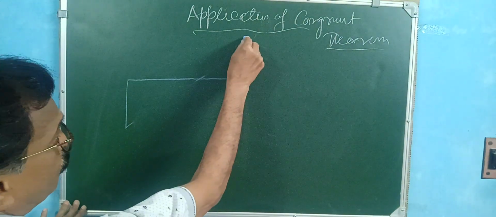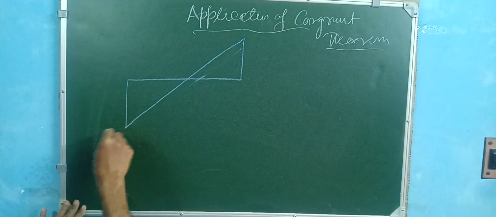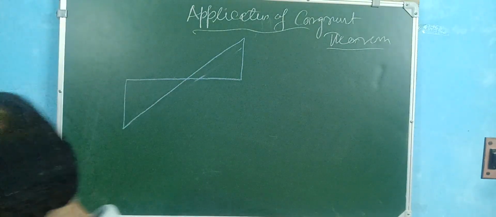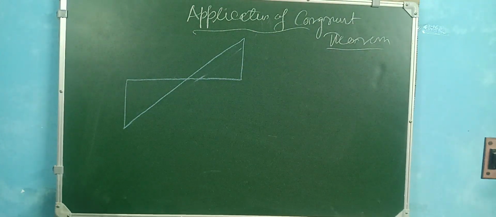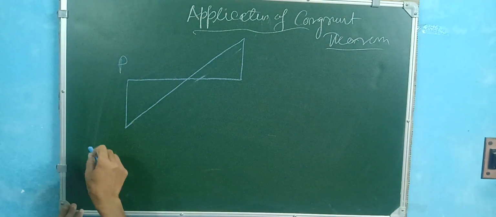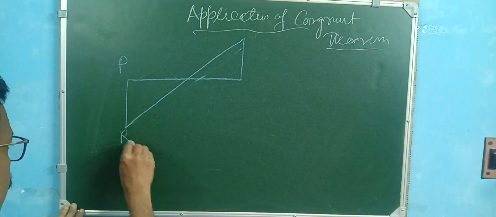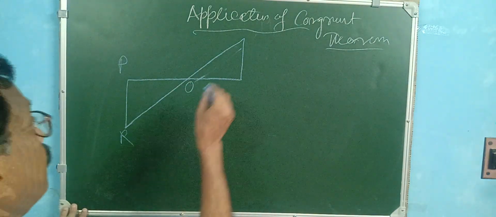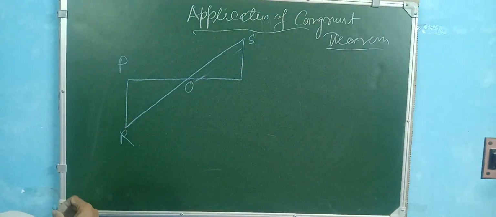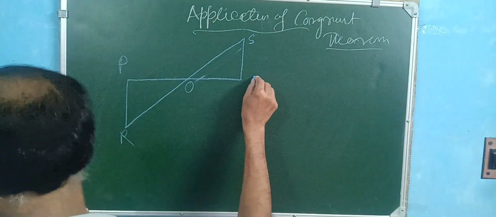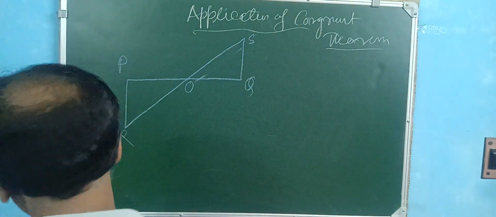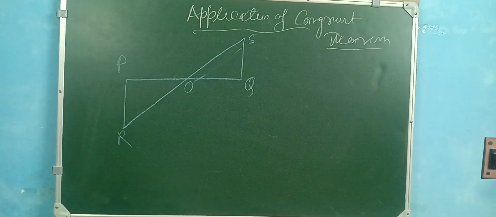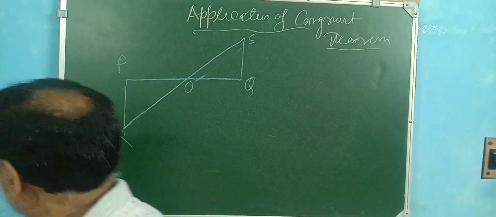The drawing is very important. Okay, clear? Now here this is P, this is R, this is O, this is S, and this is Q. So this is the given drawing.